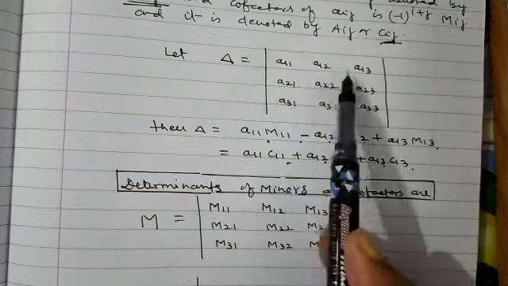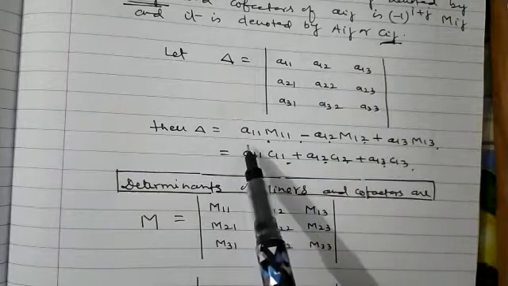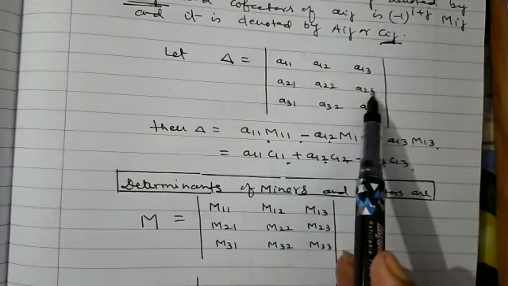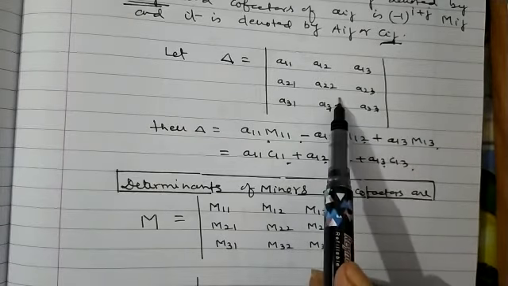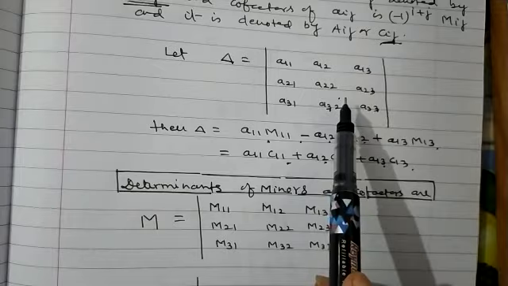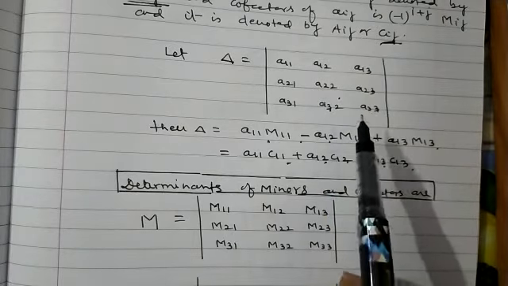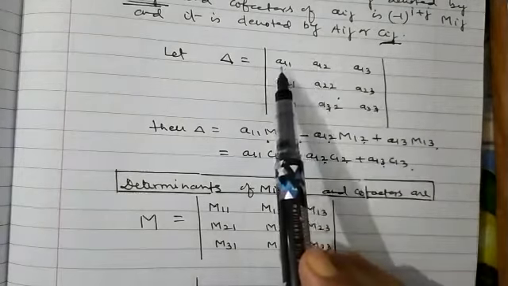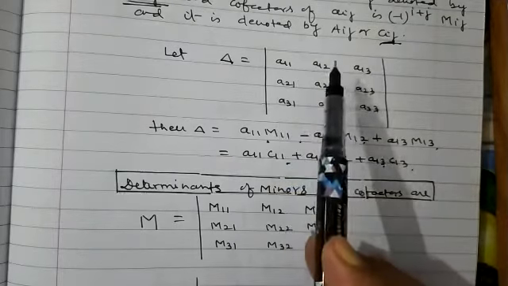Suppose we expand this determinant along the first row. You write A11 and the determinant of A22, A23, A32, A33, which is M11. Now minus A12, and delete the elements which are on the first row and second column.